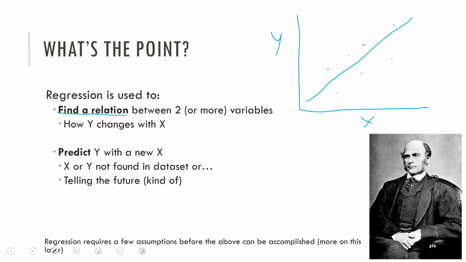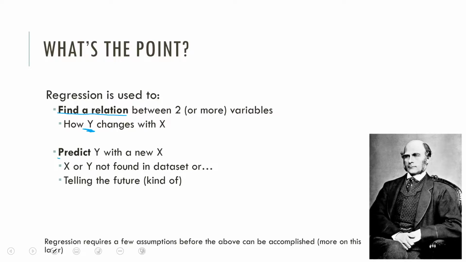And when we get into multiple regression, we have multiple predictors. We're not able to plot them as easily, but it's the same kind of idea. We're looking at slopes to make a relation between one predictor or two predictors or some number of predictors and some outcome, some y variable.